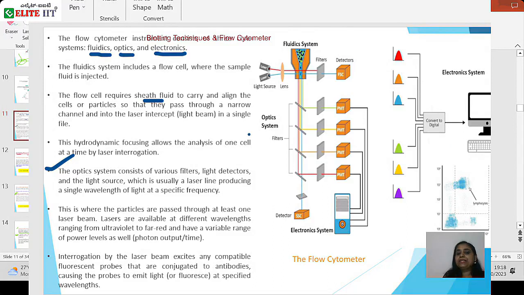Now in the optic system, what is present? In the optic system, the laser light beam source, then all the filters are involved, and then the PMT, where the sensor is present. Now the PMT is attached with the electronic system. So the PMT is actually converting photon to electric voltage.